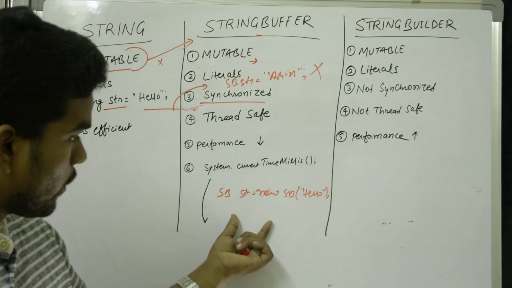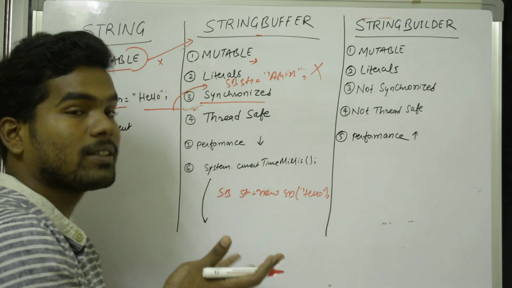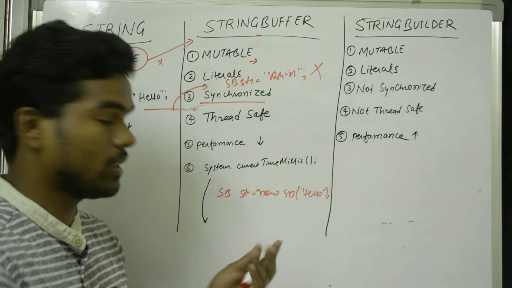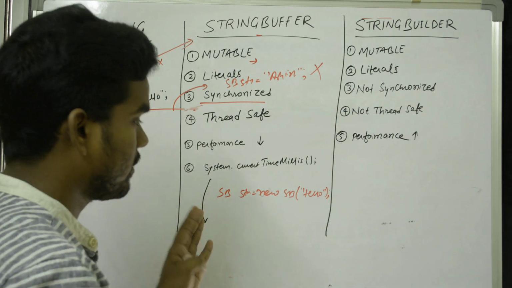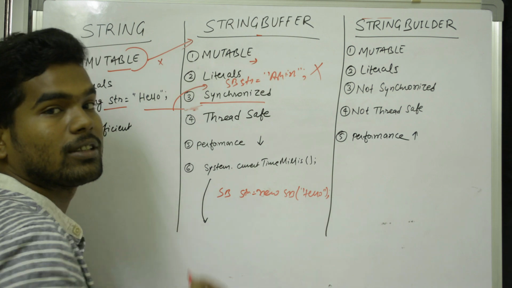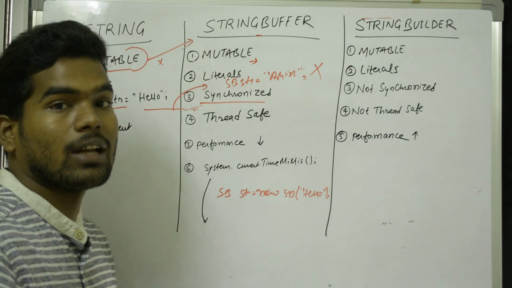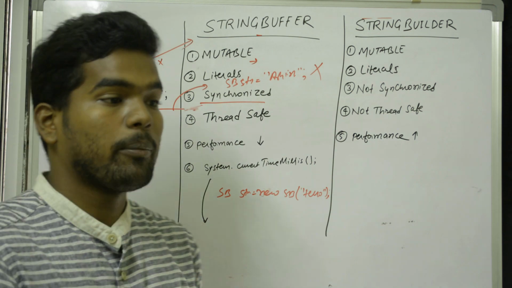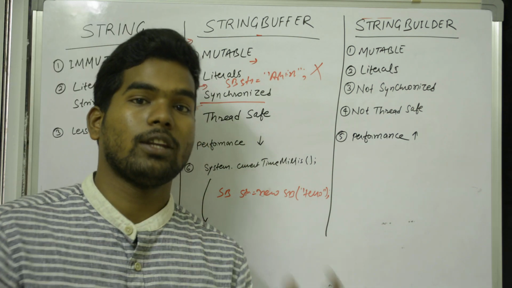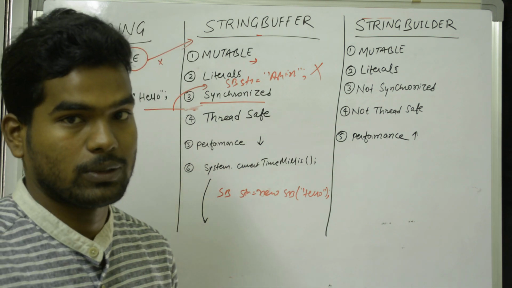We want to allow only one thread at a time. What a thread is, we will not discuss here, we will learn about threads later. But for now, when only one thread is allowed on an object, it means it is synchronized. Synchronized means making an object thread safe, so that only one thread can operate over one object.